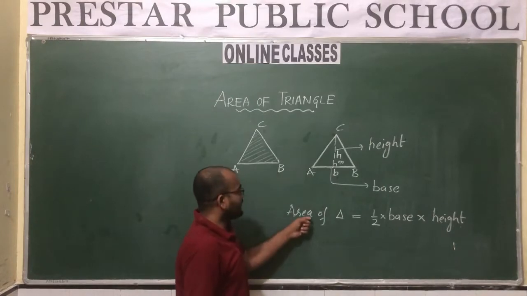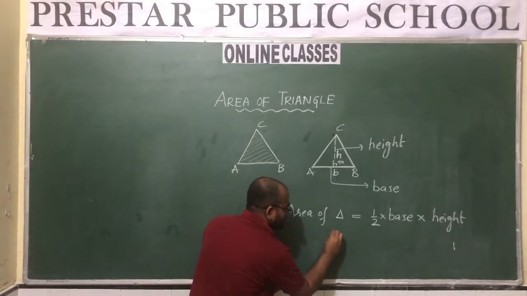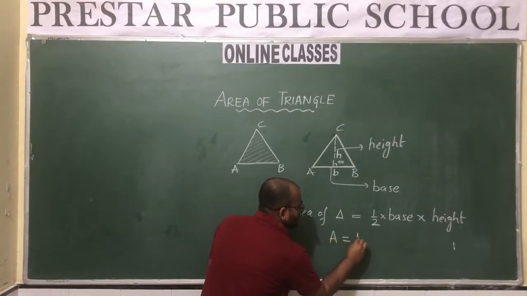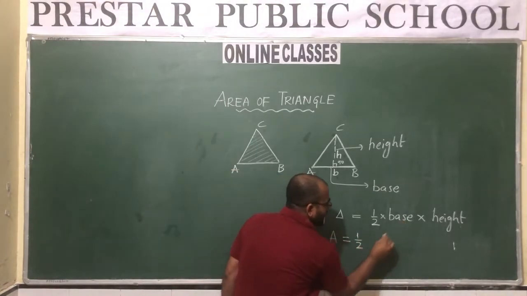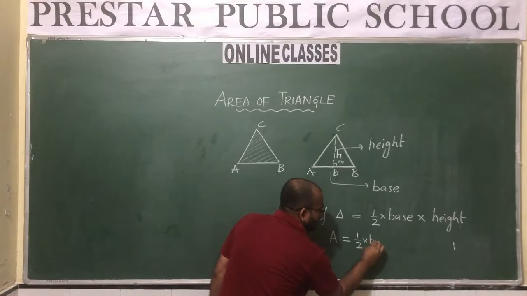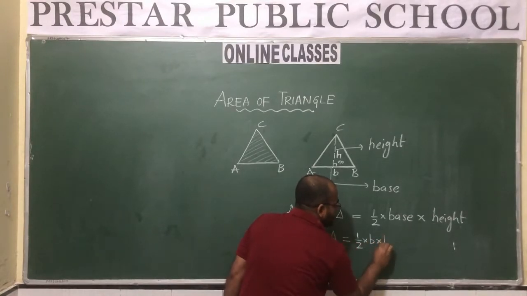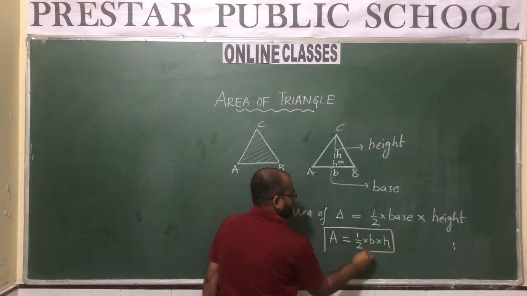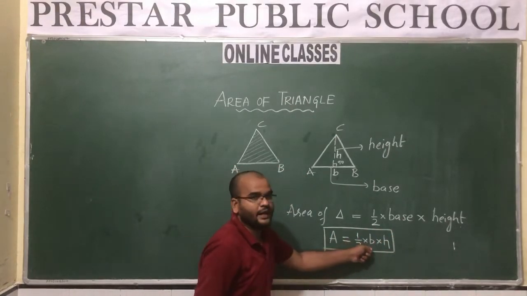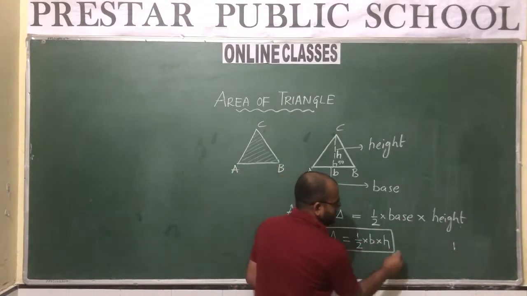Base is represented by b, and height is represented by h. So area equals 1 by 2 into base into height.